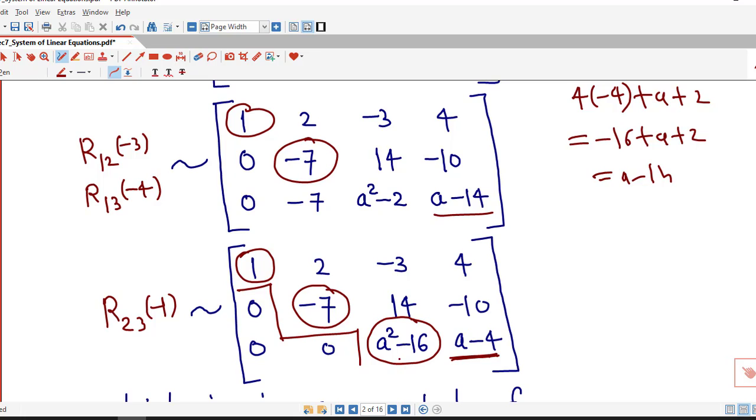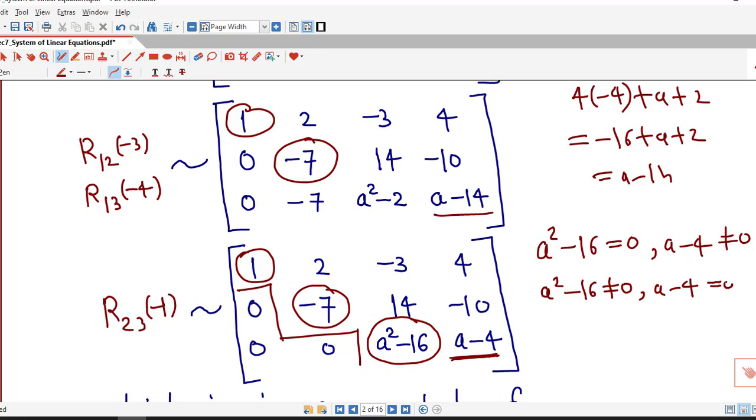Suppose I have a square minus 16 equal to 0 and a minus 4 non-zero. Then I can have a square minus 16 non-zero, and a minus 4 can be 0 or it can be non-zero. There are different possibilities. A square minus 16 equal to 0, a minus 4 is non-zero. A square minus 16 is non-zero, a minus 4 can be 0 or non-zero.